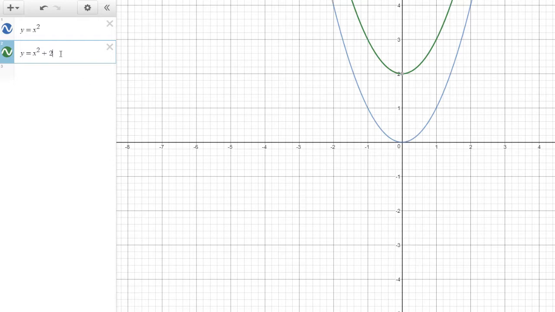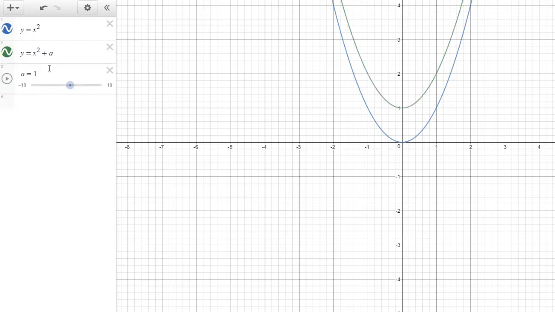Okay, so let's take a general term. Let's say y equals x squared plus a, and then we can change the value of a by this little slider, and we'll be able to see what happens to it. The blue one's the original function, y equals x squared, and the green one is this new function, y equals x squared plus a. So there's a value of a there.